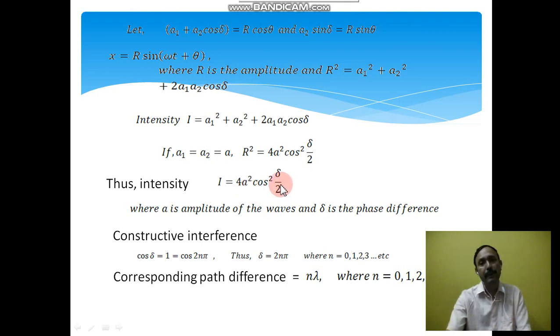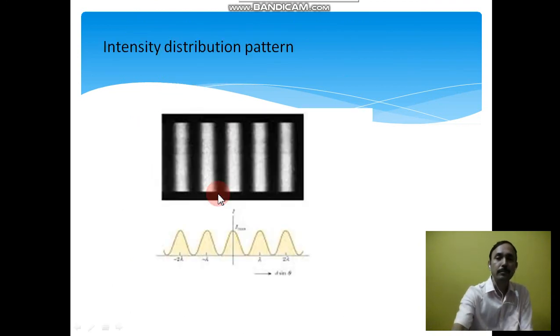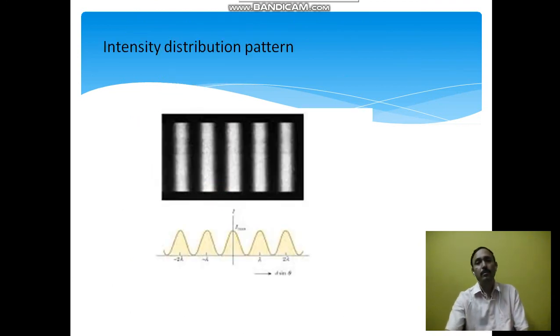Phi is equal to pi by 2 means I will be 0. So come to this picture. Here if we represent phi is equal to 0, then I will be 4a square, maximum, I max. Phi is equal to pi by 2 means cos phi will be 0, so the intensity will be 0.